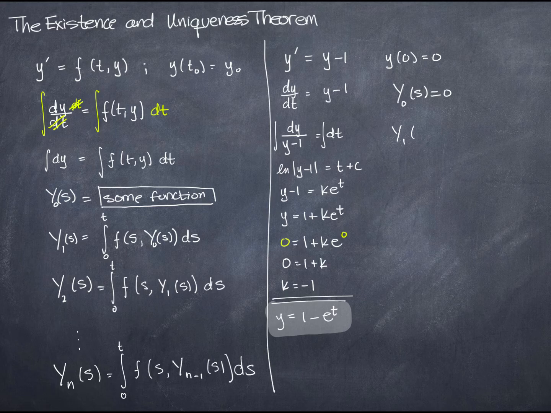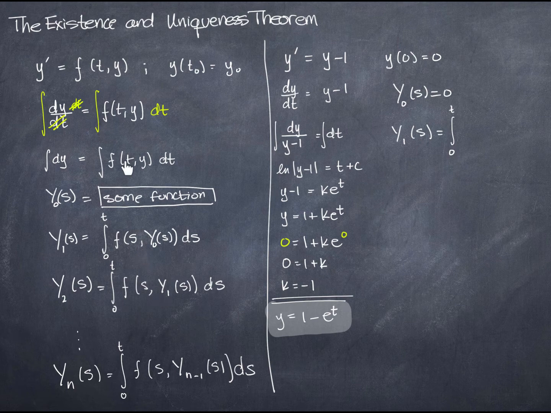My first function, my first iteration, is going to be y1 of t. That's going to be equal to the integral from 0 to t of the function. Let's see, when I did it over here, I'm trying to point out where I'm going with this. I'm using the function f of t, y, which becomes the function of s and y.